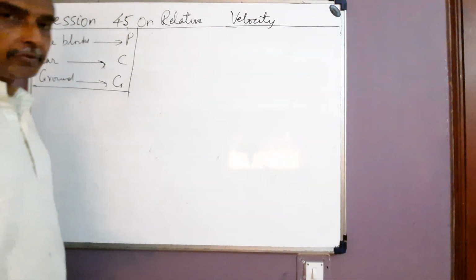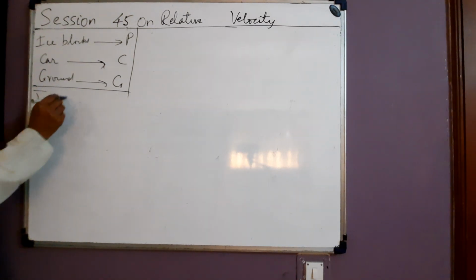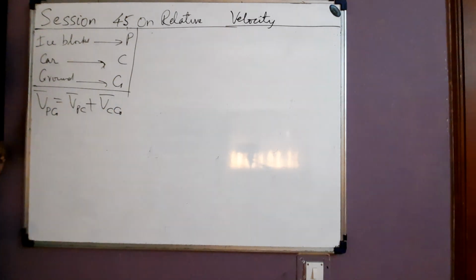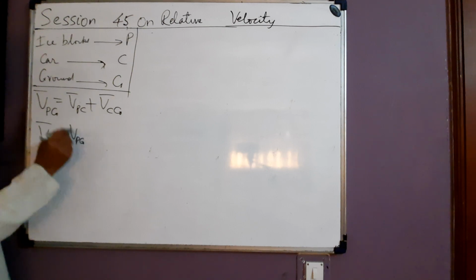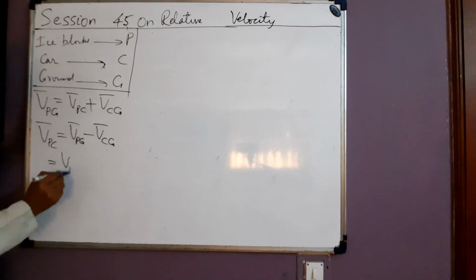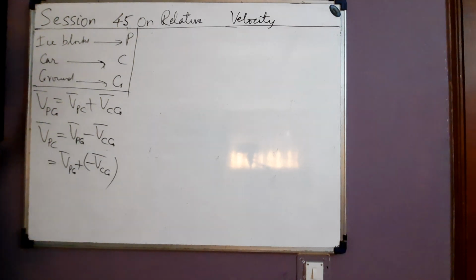Now we write down the vector equation. VPG is equal to VPC plus VCG. Okay. So what is VPC? Velocity of ice block with respect to car. That is VPG minus VCG, that is just equal to VPG plus minus of VCG.